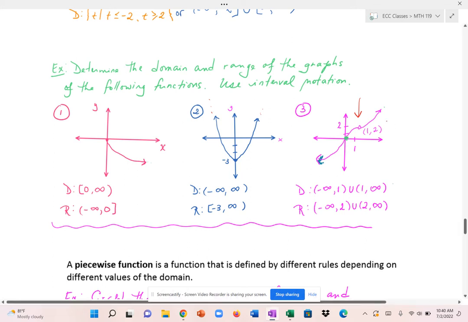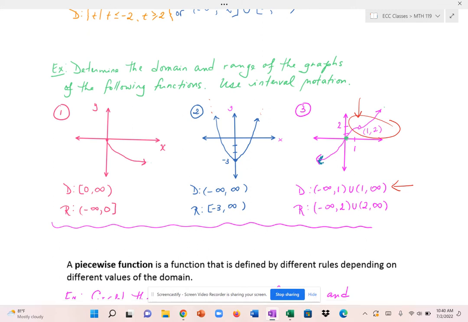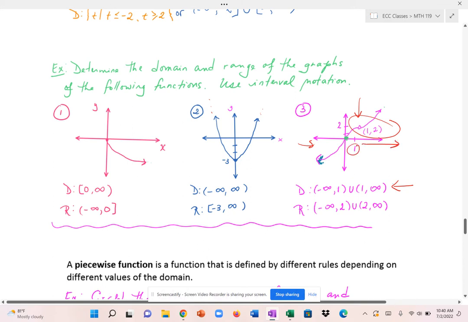So if this is the point 1, 2, then that means that my domain is all real numbers except for 1, the x value, which is the number 1. So it goes from negative infinity all the way up to 1, and then from 1 to infinity. So that would be your domain.